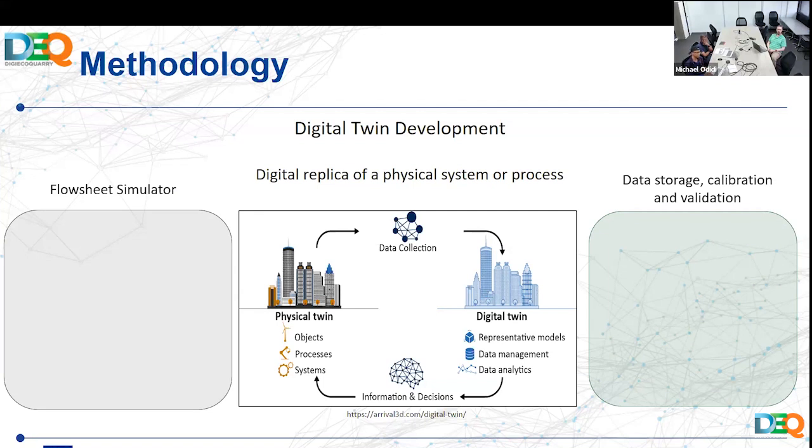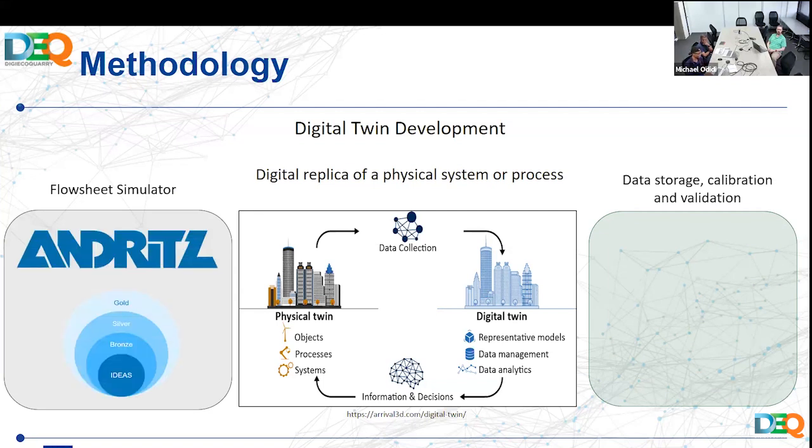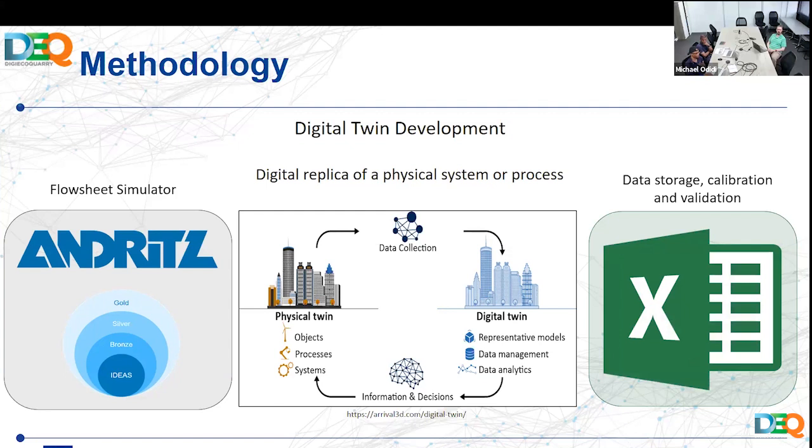For the flow sheet simulator, we decided to make use of Ideas by Andritz, a commercially available flow sheet simulation software. For the data storage, calibration, and validation, we decided to make use of Microsoft Excel, as it's widely popular and also has good data exchange properties. So these were the two main softwares that we used to create the digital twin.